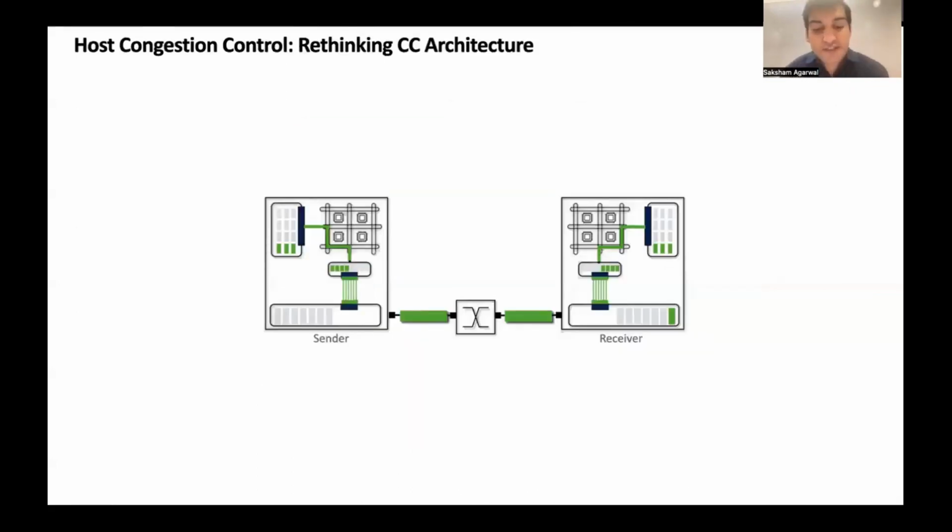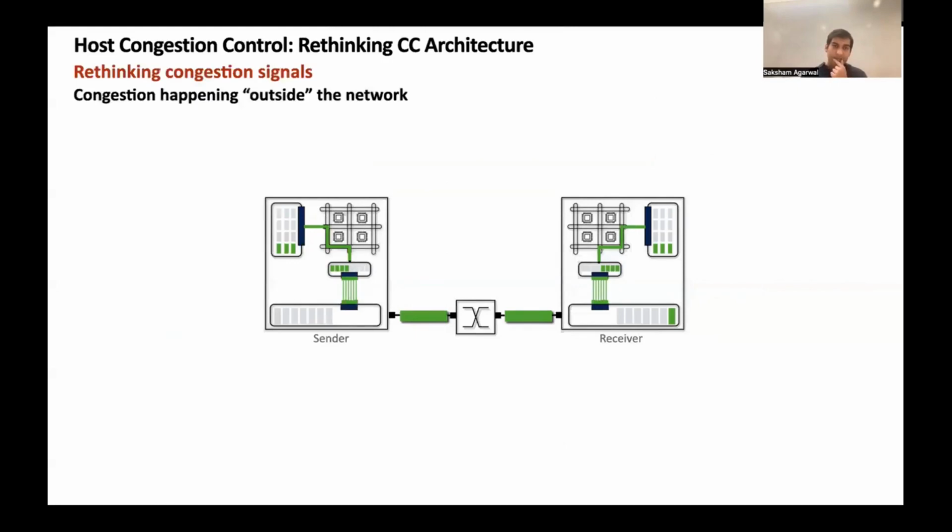Our work takes the first step towards alleviating the problem of host congestion. Host congestion requires us to rethink the congestion control architecture along multiple dimensions. First, we should rethink the congestion signals used to capture host congestion. The typical view of the network is that the network begins and ends at the NICs.